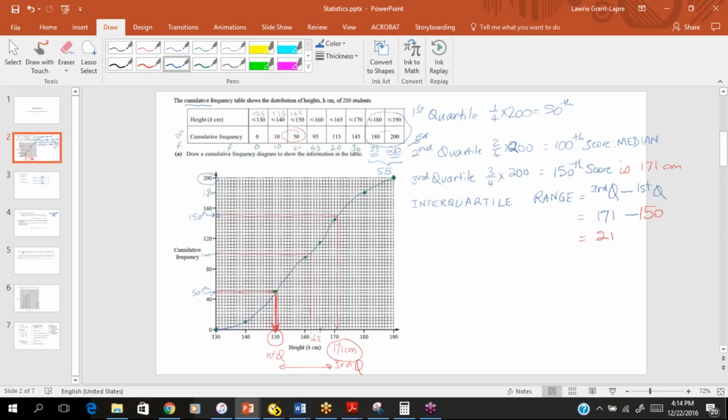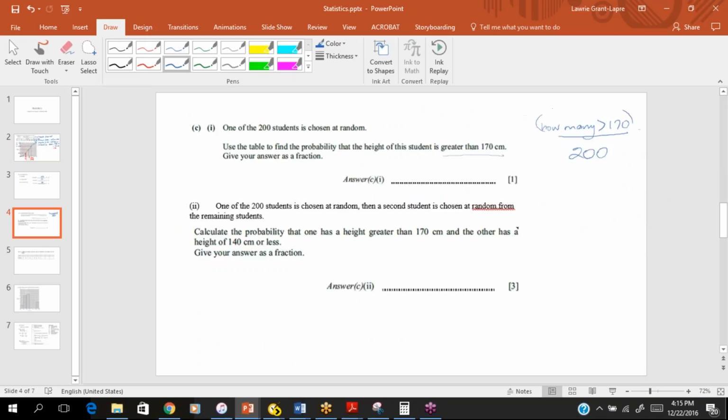So you can see that from 170, you've got 145 here. That point is 145, and between 145 and 200 is 55 students. So that's 145 plus another 55. So our probability is 55 out of 200.